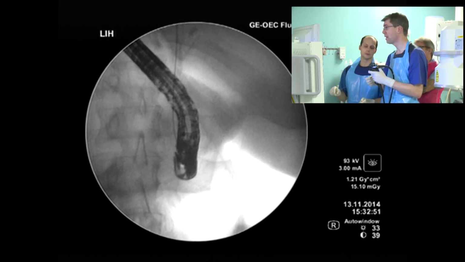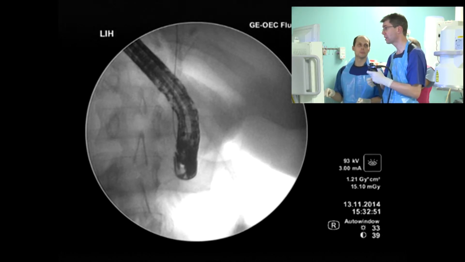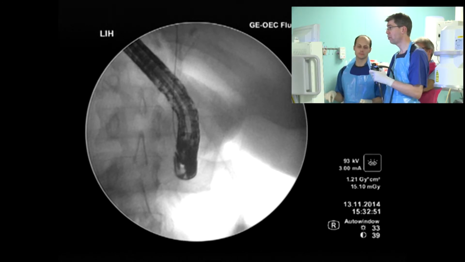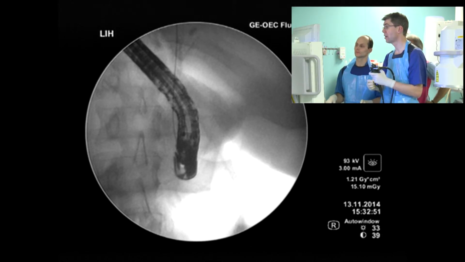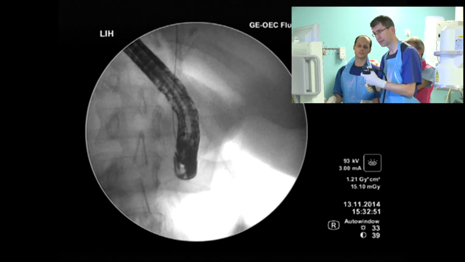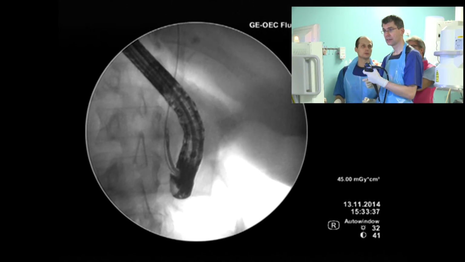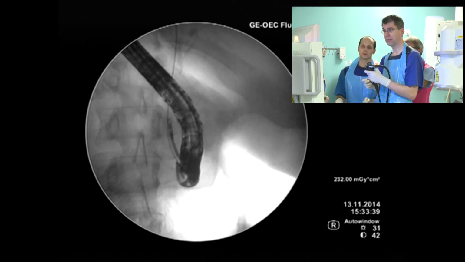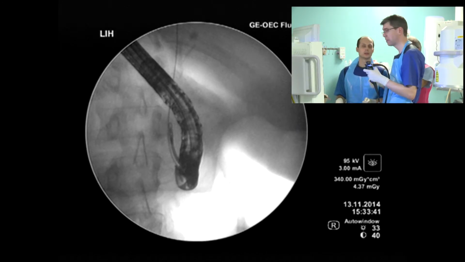And then we've seen that the ducts have mild irregularities in the wall, which again points to inflammatory disease of the biliary tract. So a little bit of blood is coming out, showing us that we at least got a little bit of the wall.